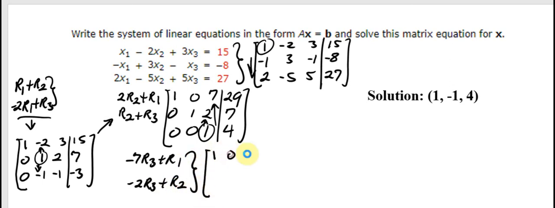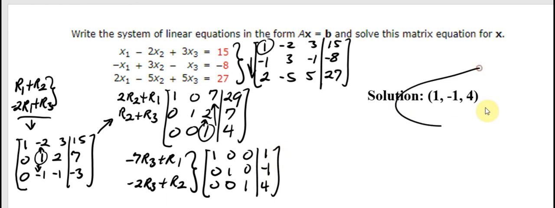And we get this identity 1 0 0, 0 1 0, 0 0 1 over here. Row 3 stays the same, so I'm going to put that 4 there, and then we do the work elsewhere. -7 times the 4 is -28, plus 29 is +1, and then -2 times 4 is -8, plus 7 is -1, and we get the answer.